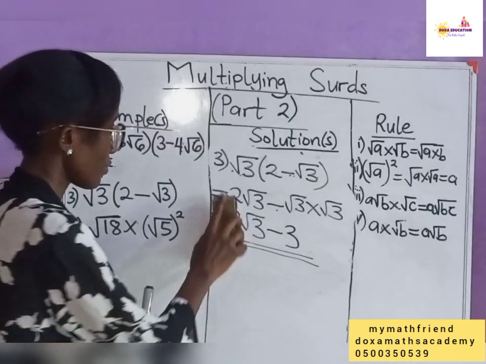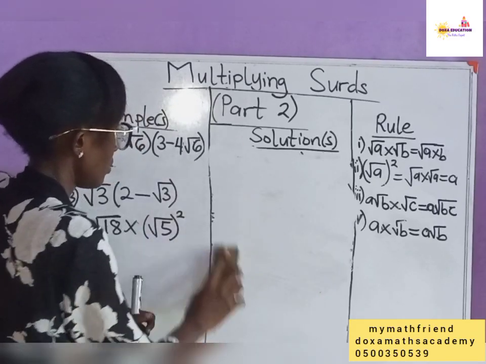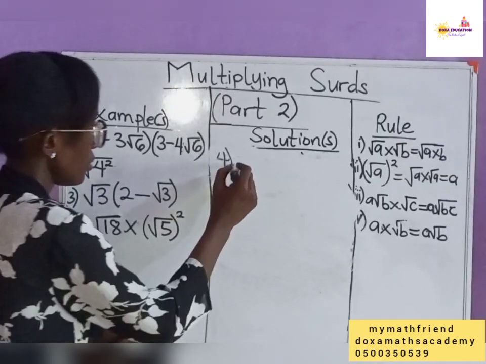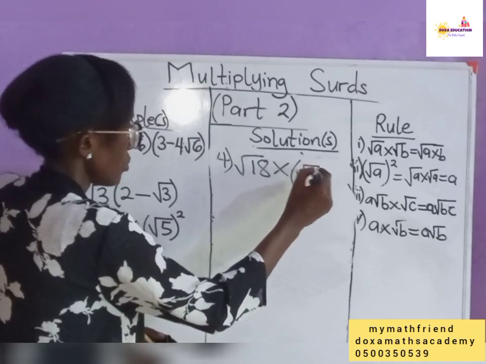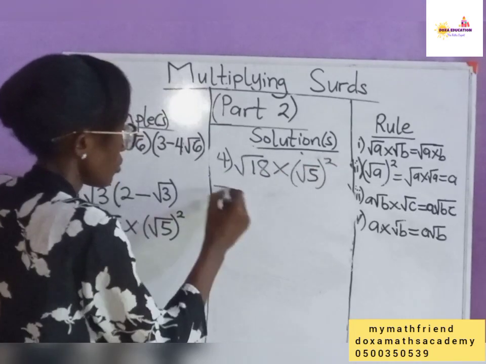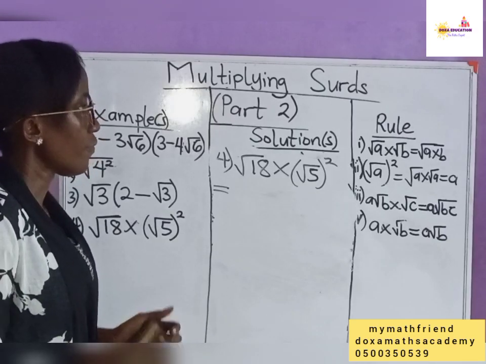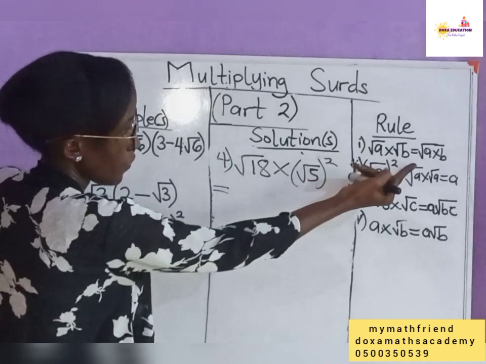Good. Now, root 18, when we were looking at the first part of multiplying surds, we said that this one applies to the first rule, okay?